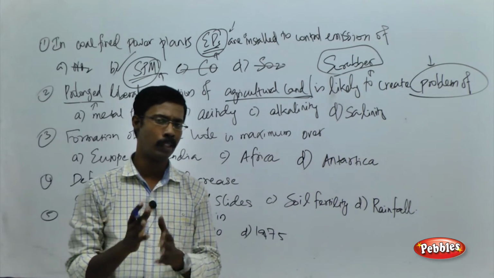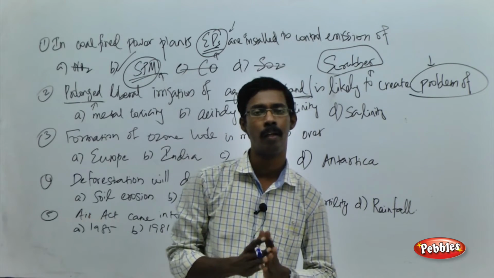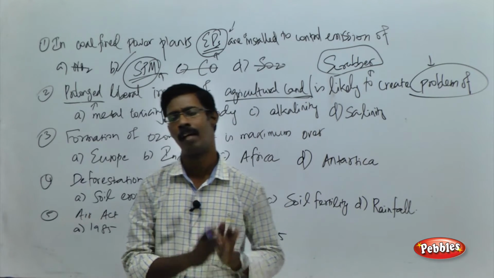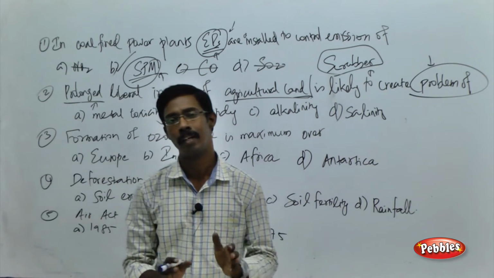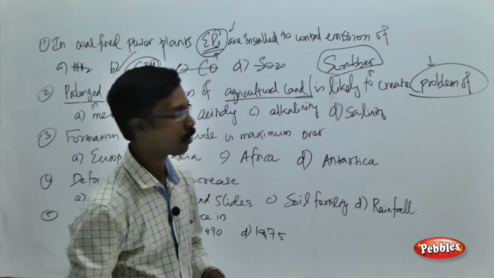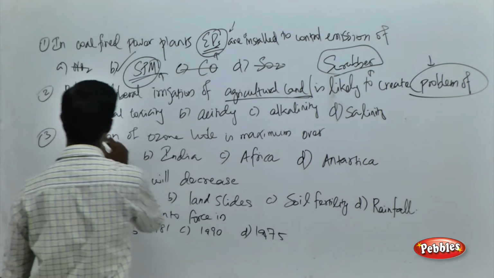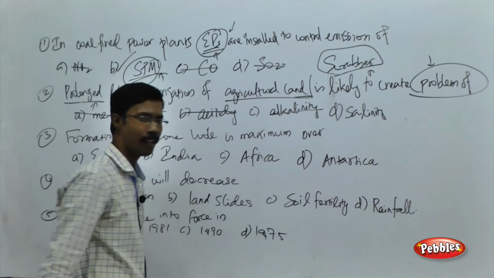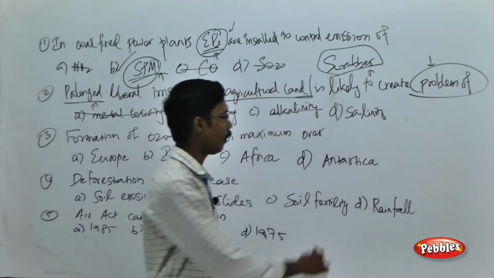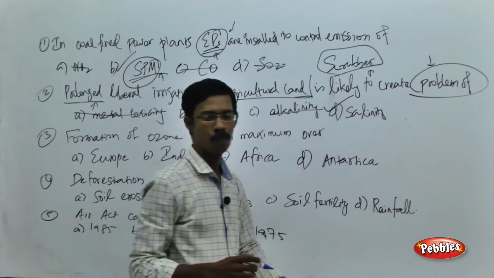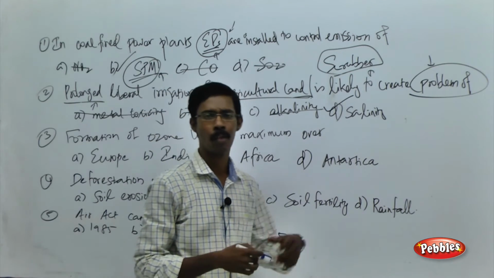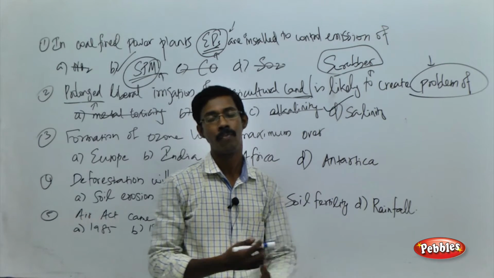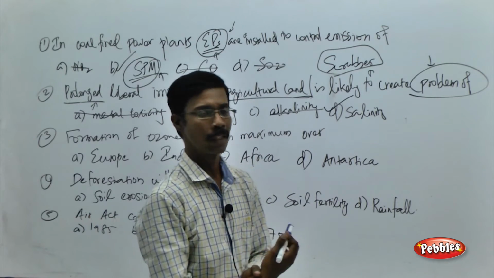So what is the major cause here? Because of the water logging or continuous irrigation, the salt resurfaces from the soil. See the choices: metal toxicity may not be the correct answer, nor acidity or alkalinity. It will create the problem of salinity, because it is going to resurface the salt of the soil environment.